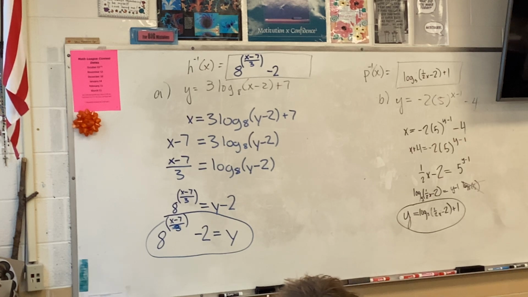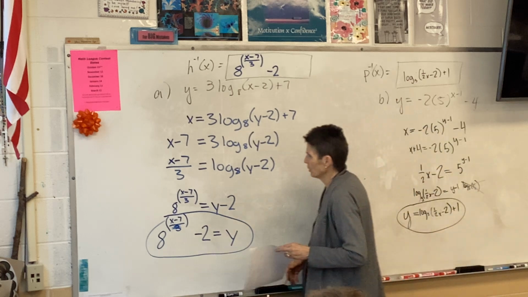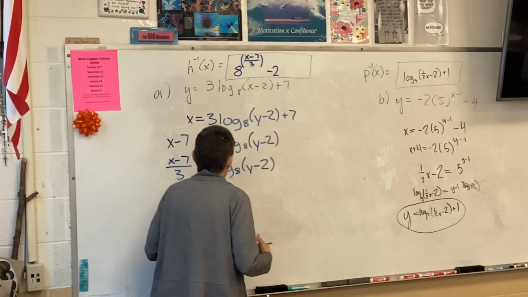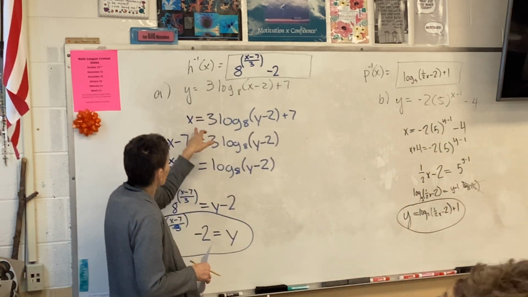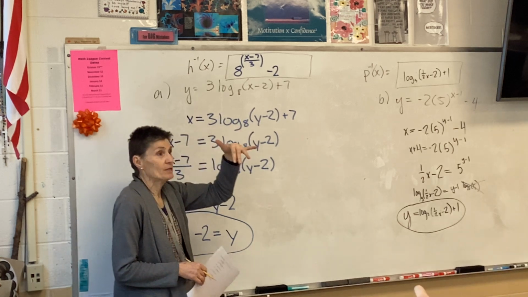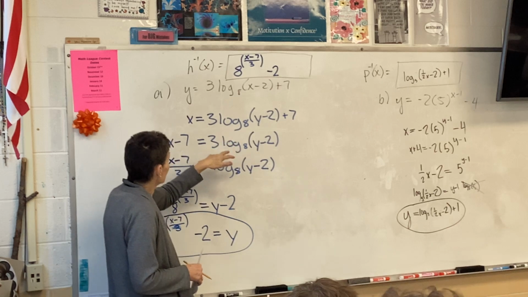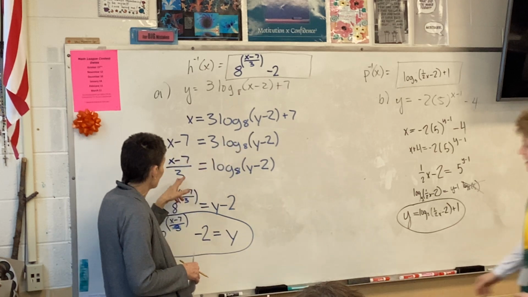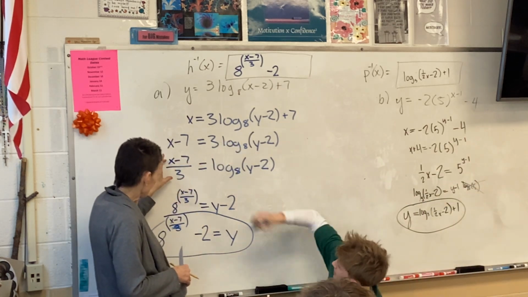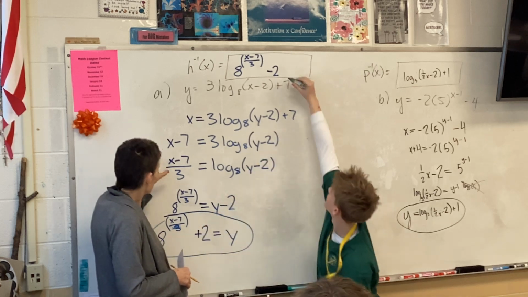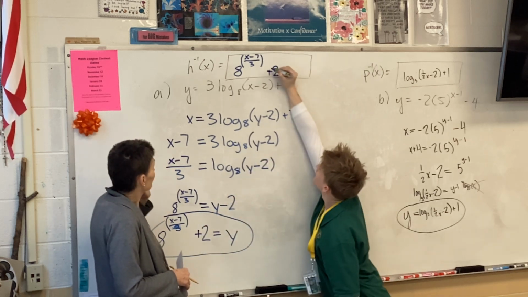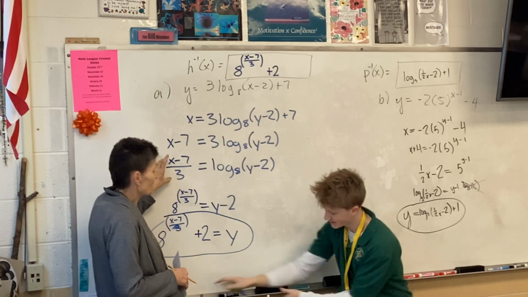Cool. I like all these steps, really very careful about your work, good job. So the first thing he did was switch his variables, because that's what we do when we find inverses. And he subtracted 7 and divided by 3. He left it this way.